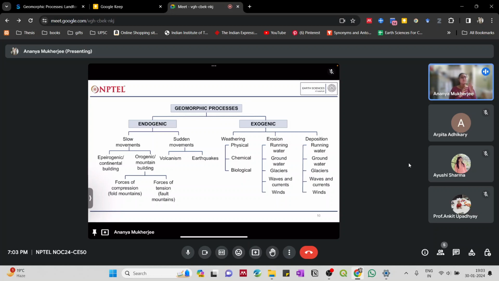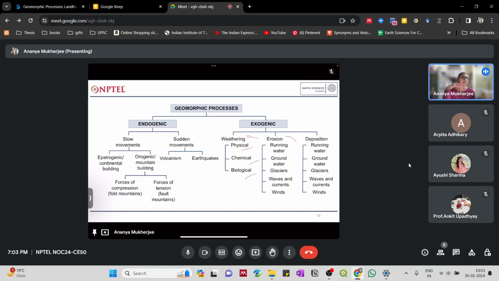These are three very important processes in geomorphology, in geomorphic processes, which help in changing the landscape and forming the landforms. Changing the landscape happens when you have weathering and erosion. Weathering can be physical, chemical, biological.